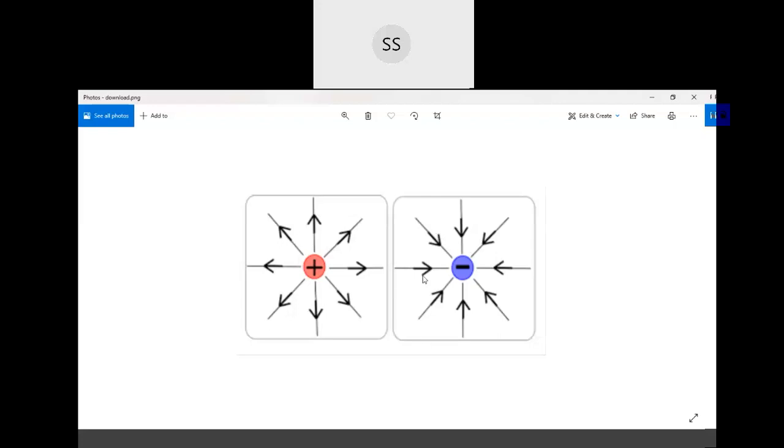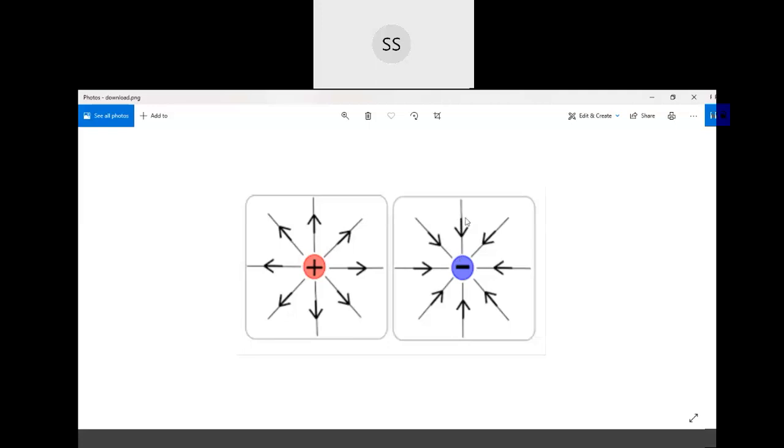In the case of this negative source charge, suppose initially the test charge is at infinity. We bring the test charge from infinity to this point. If we don't apply any work, we cannot keep the point charge at this point because it will get attracted towards the negative charge.